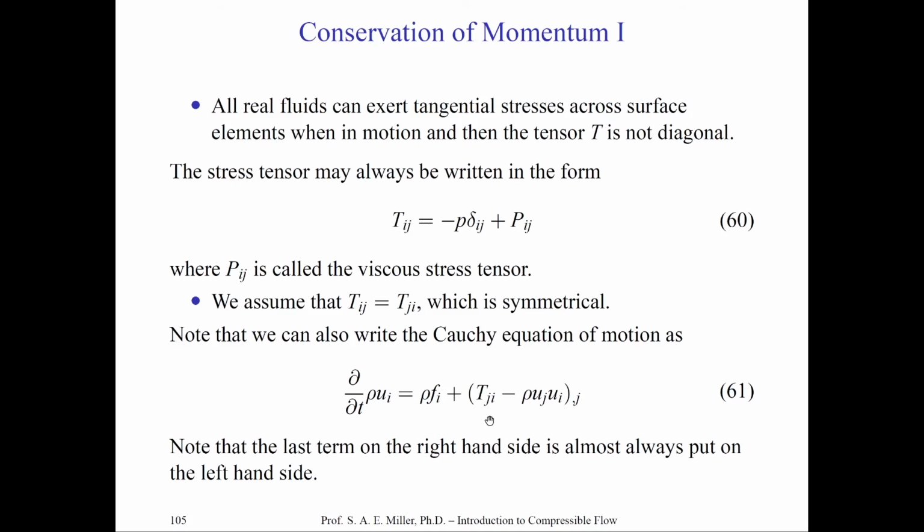For example, for i equals 1, we would have partial Tji minus rho uj u1 partial xj. So this represents, of course, operations of 3 partial derivatives written compactly in Einstein notation. The last term on the right-hand side is always put on the left-hand side traditionally, which of course is this term here, which is part of the material derivative left-hand side.